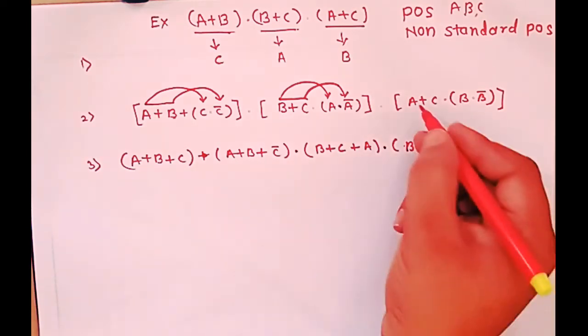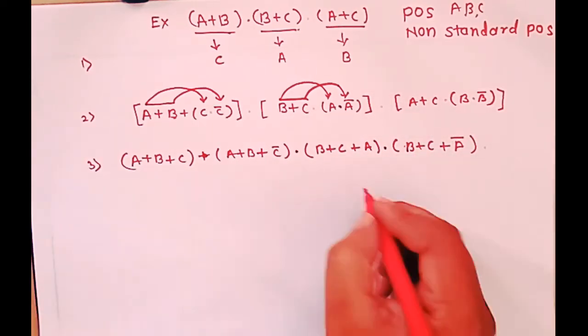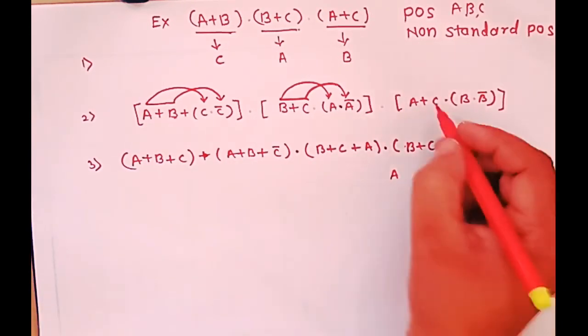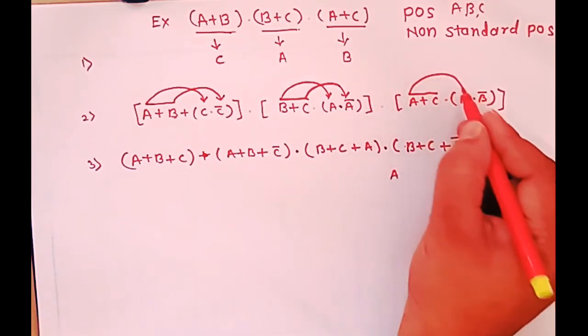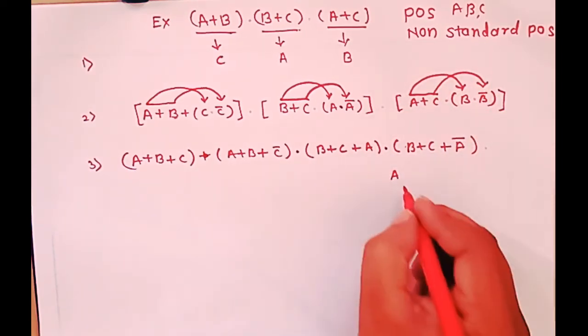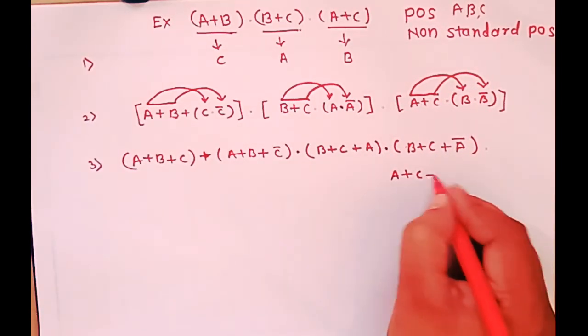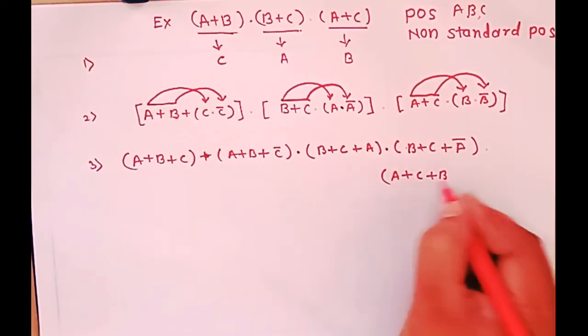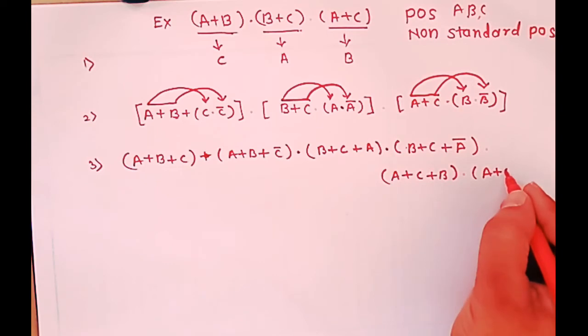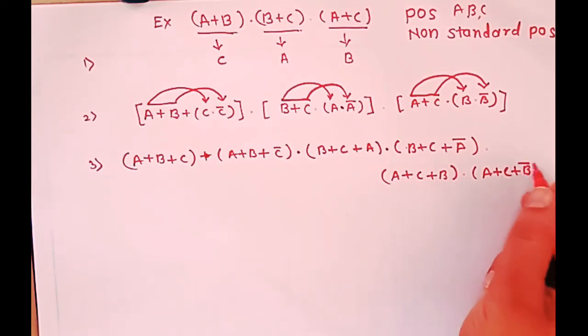For the third term, this term will be added to b first and then to b bar. So a plus c plus b is the first term, and a plus c plus b bar is the second term.